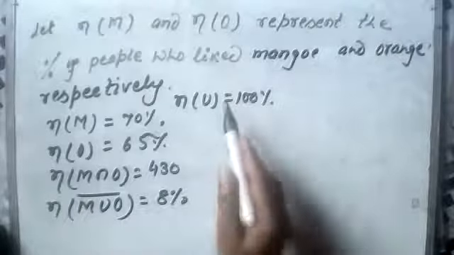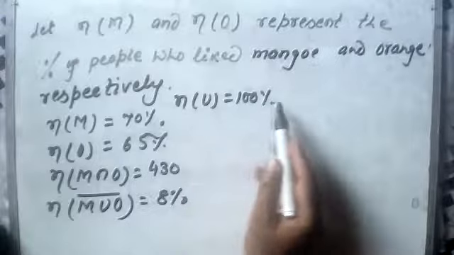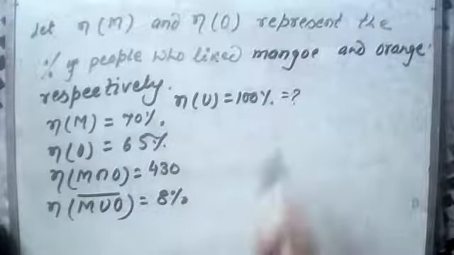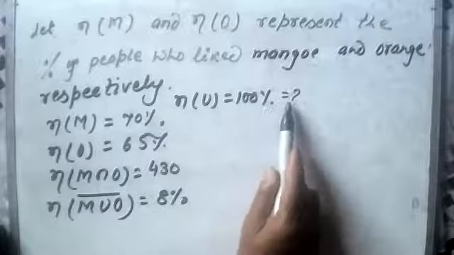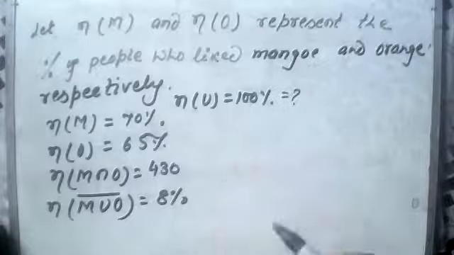We need to get this n(U) equal to 100% in number.